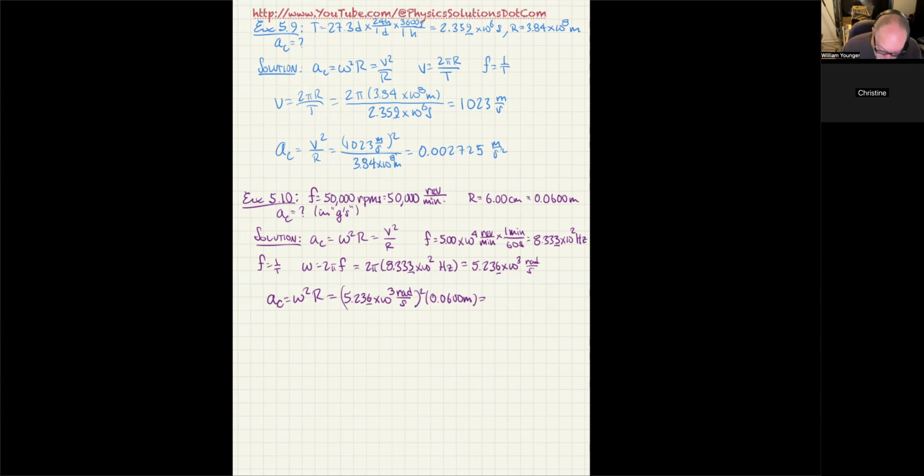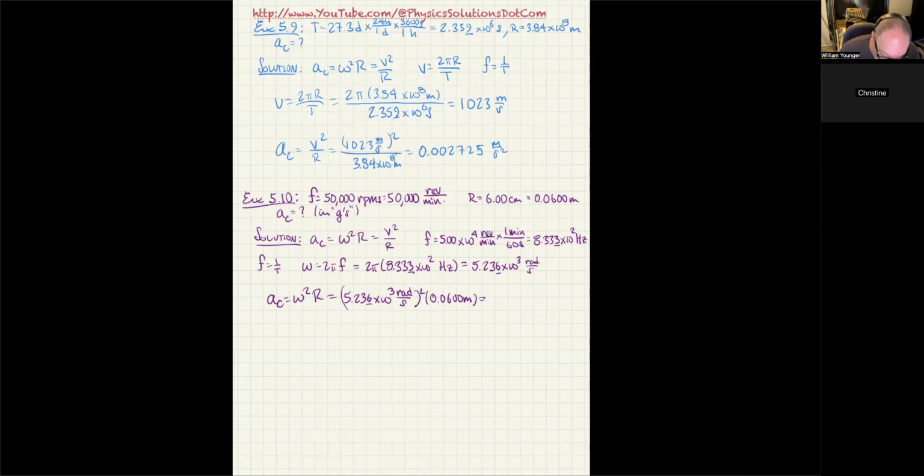So I'm taking the 5.236 times 10 to the third, and I'm raising that to the 2 power. And that gives me 2.742 times 10 to the seventh. And now I'm multiplying that by 0.06.